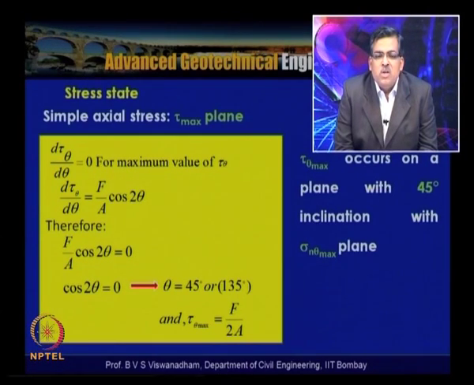That is, the maximum shear stress occurs on a plane inclined at 45 degrees. We obtained this by differentiating tau theta and equating it to 0, satisfying the condition cos 2 theta is equal to 0, which gives theta equal to 45 degrees or 135 degrees. With that, tau theta max is nothing but F by 2A.